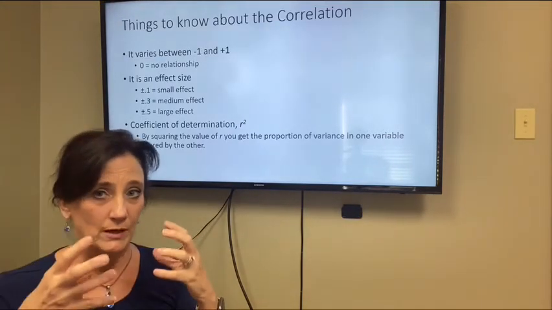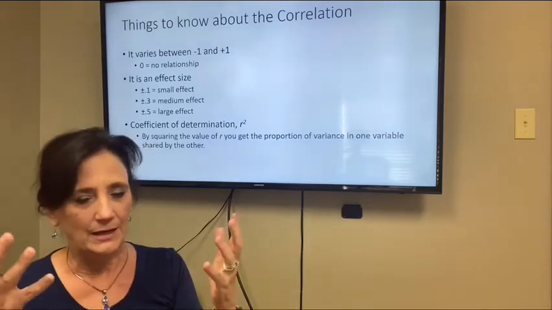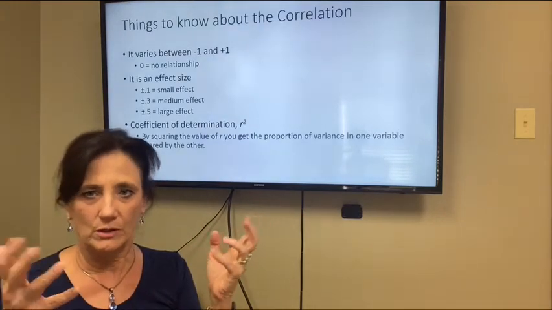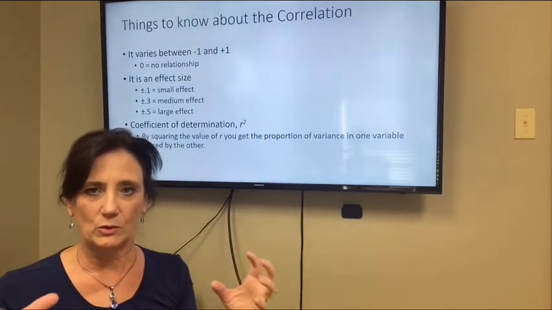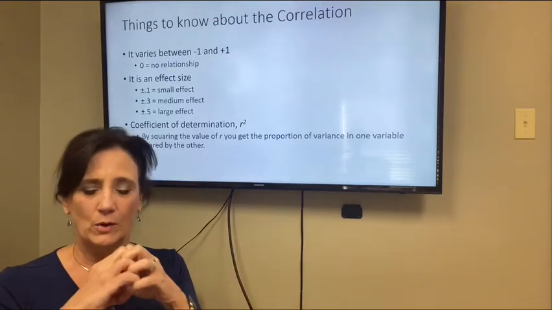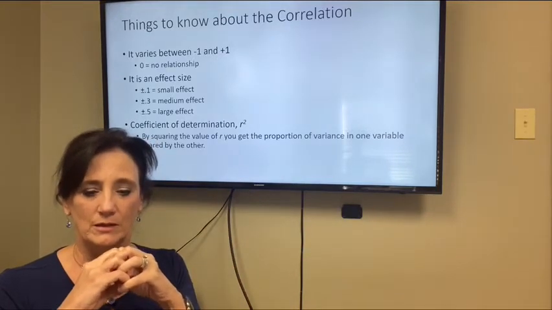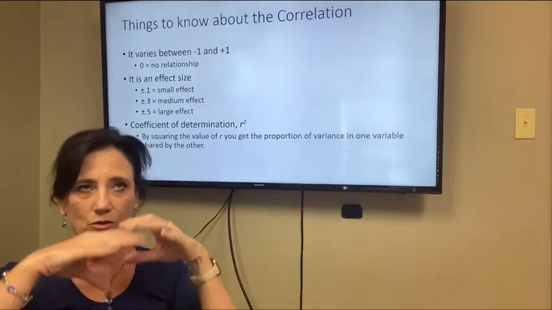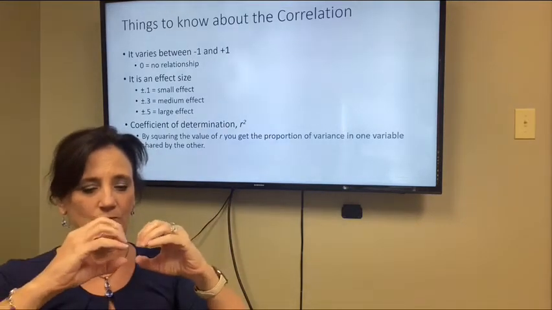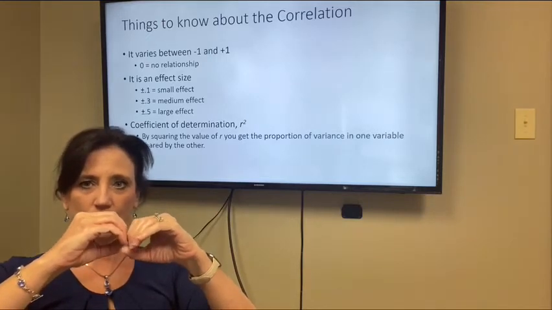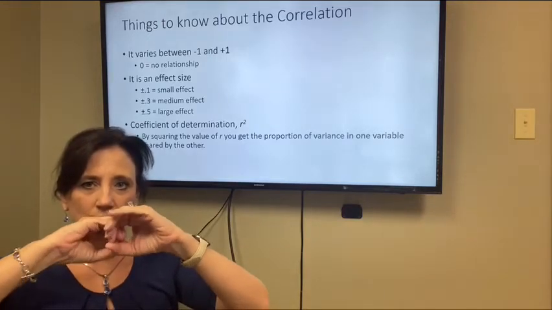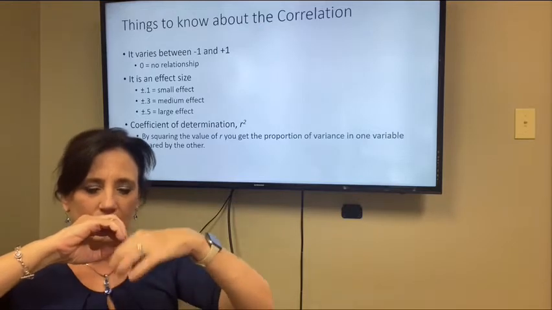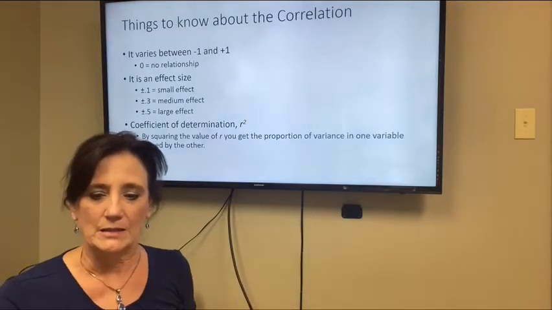If you square 0.41, and I can't do that math in my head, but you can do it on your calculator right quick, that squared value is the part of variance in one variable that's shared by the other. So just think about it as one of those circle diagrams where the two circles overlap, and that overlapping part is where that shared variance piece goes.